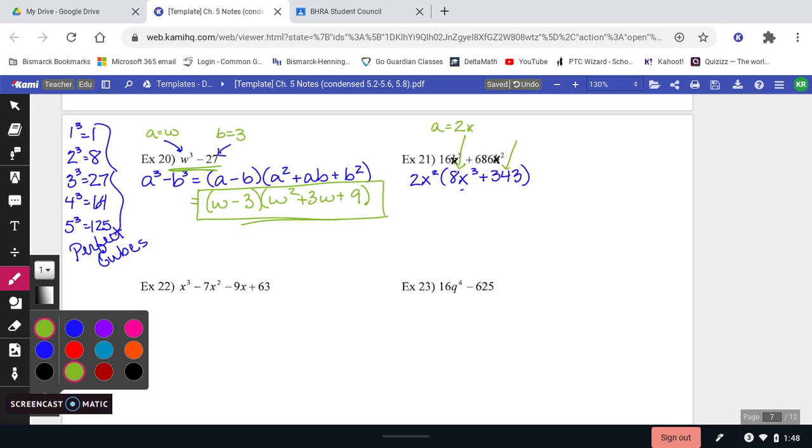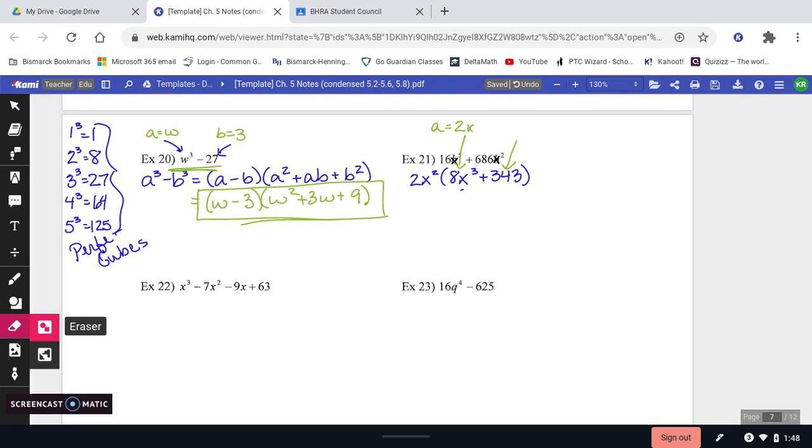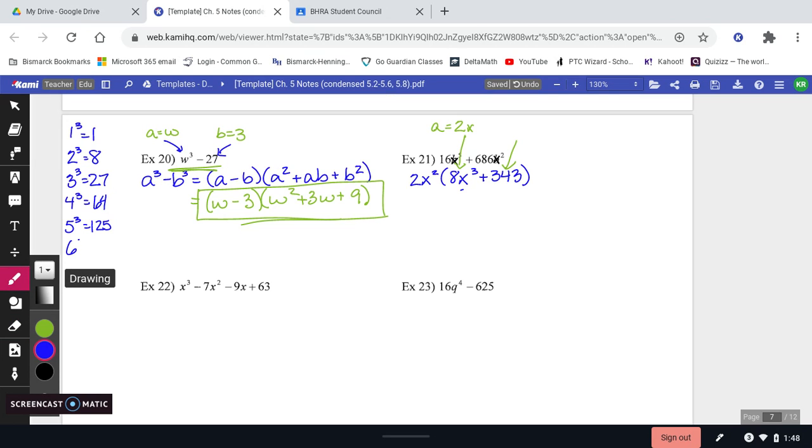Okay, now, if you look at our list, it doesn't go as high as 343. So let's try a couple more. If we go 6 to the third power, we get 216. Let's add that to our list. So 6 cubed is 216, still not big enough.